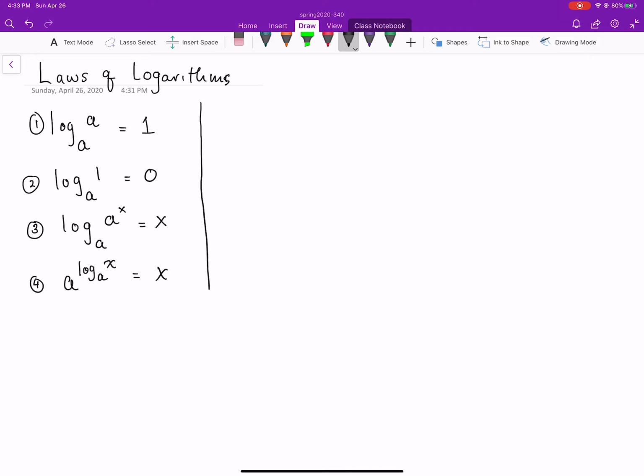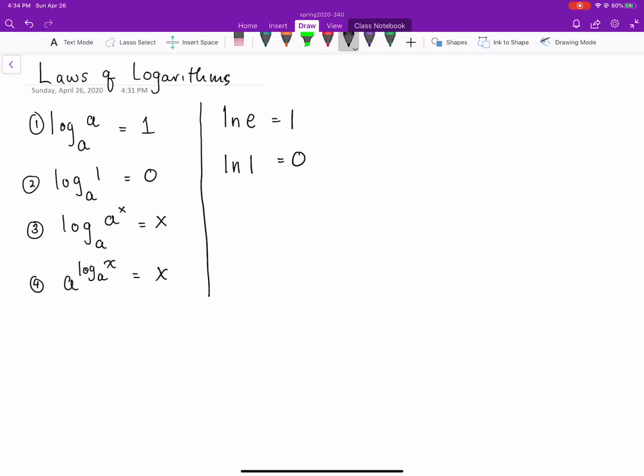And we also discovered this new logarithm called the natural logarithm, which is the ln. And we said that these properties were exactly the same if you are in natural logarithms. So let's put that alongside it so that you can see that it's the same thing. So this is going to be ln of e. Remember that it's got an invisible base, e. So ln base e of e is equal to 1. ln of 1 is 0.